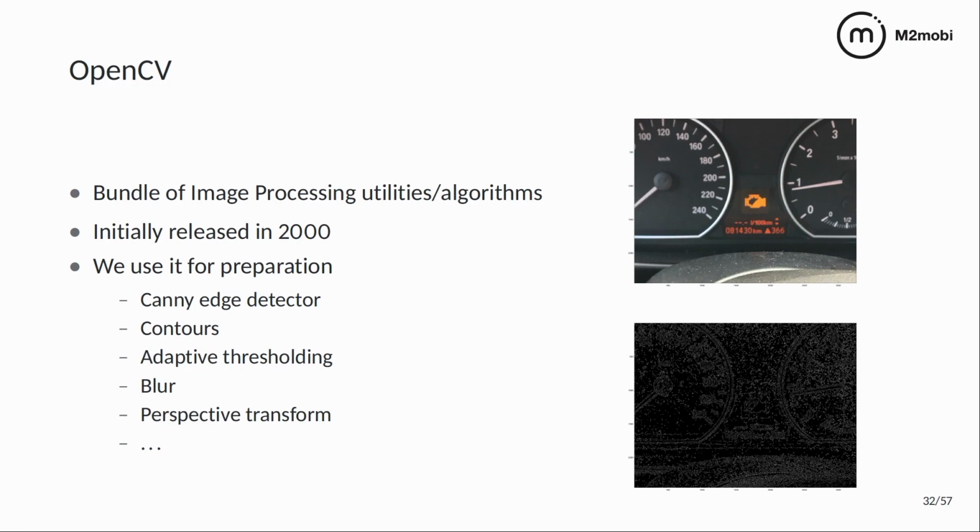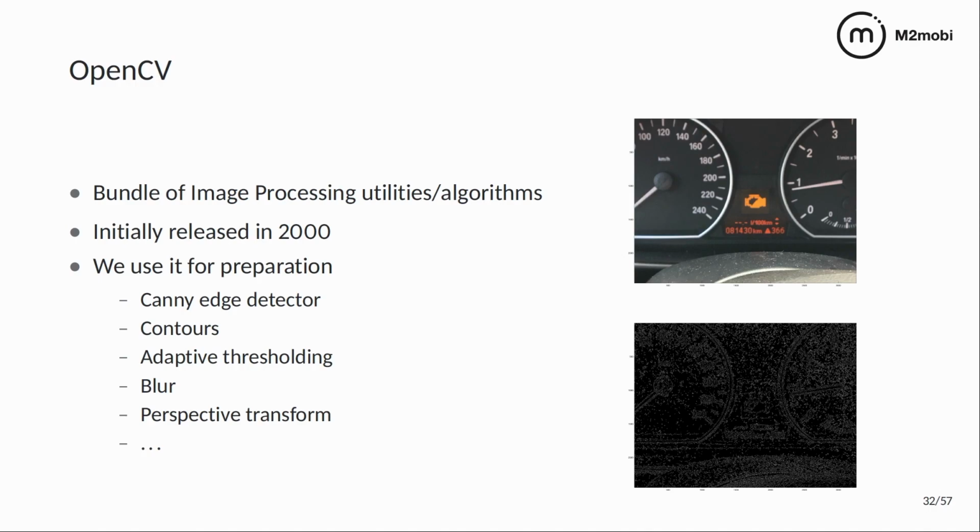It was initially released in 2000, and we use it for Canny edge detection, contours, adaptive thresholding, blur, and perspective transform. Those words might be a bit of buzzwords, but this is Canny edge detection, and you use it in OCR. I will come to that.